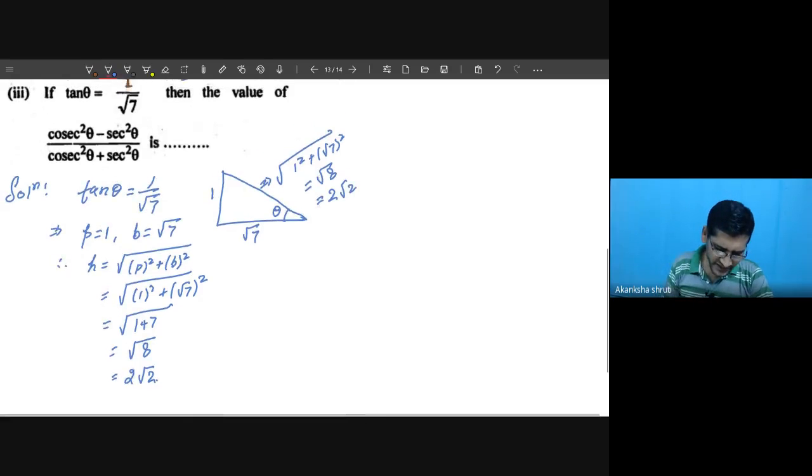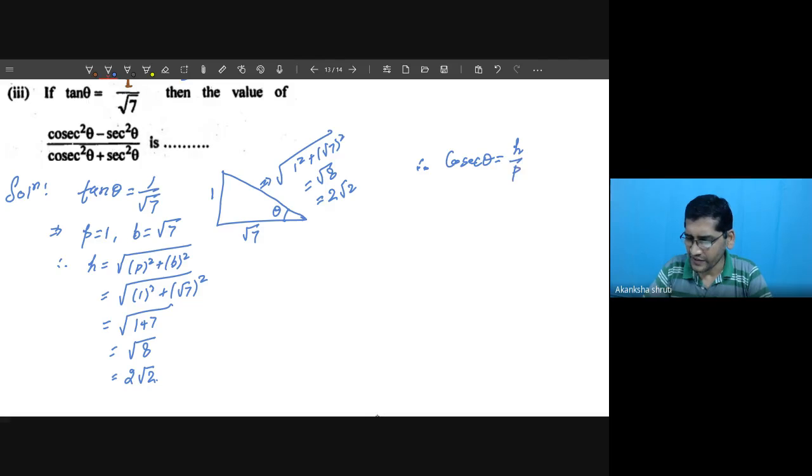Now what we need is, now observe the question. In question we are in need of cosec theta. It is given by reciprocal of sine, which is p by h, so it becomes h by p.